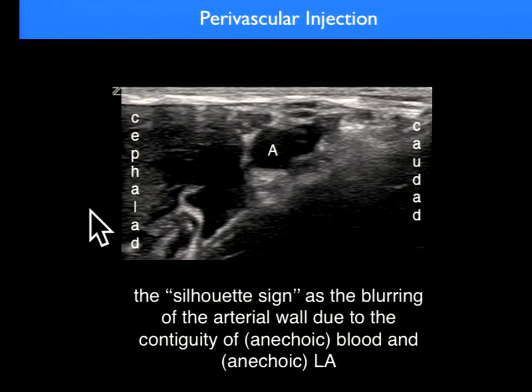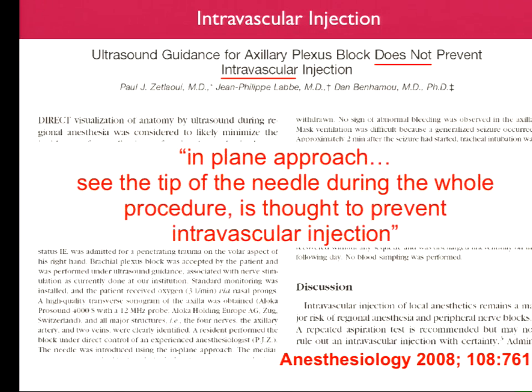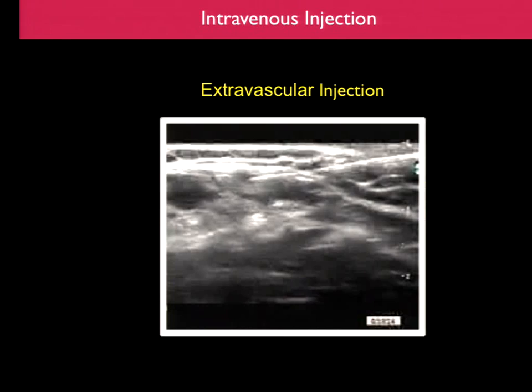And they talk about this silhouette sign with the fluid right next to the artery and obliterate the arterial wall image. So intravascular injection, we talk a lot about it would cause local anesthetic systemic toxicity, and it's important to remember, do not only look at the injection in the beginning of the injection, you should look at it throughout the injection because your needle may have moved during.